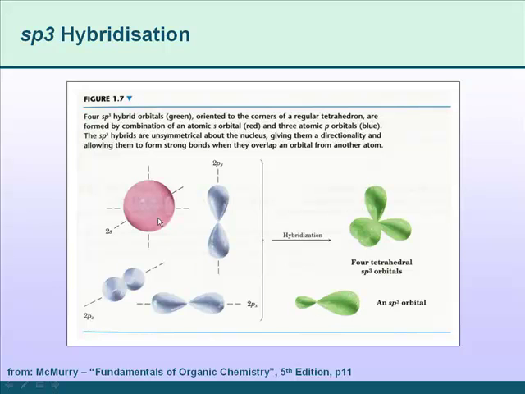So what we're saying is that the original spherical s orbital and the original 3 dumbbell shaped p orbitals all mixed together to give 4 of these new type of hybrid orbitals which have this asymmetric dumbbell shape, and these are called sp3 hybrid orbitals because they're 1 part s and 3 parts p. And these 4 new orbitals will arrange themselves around the central carbon atom in this tetrahedral geometry.